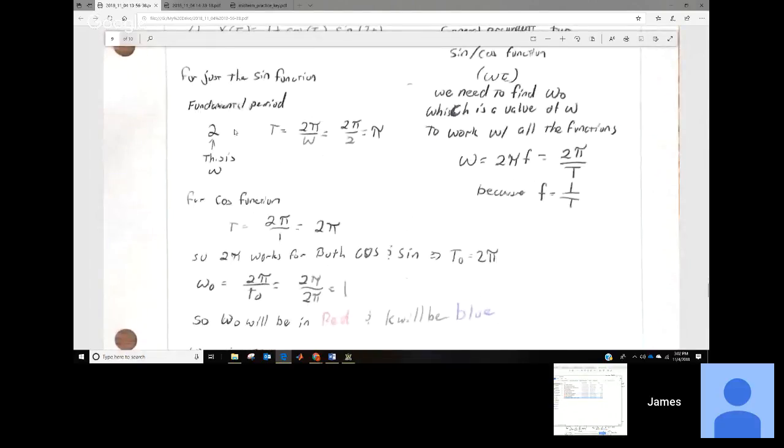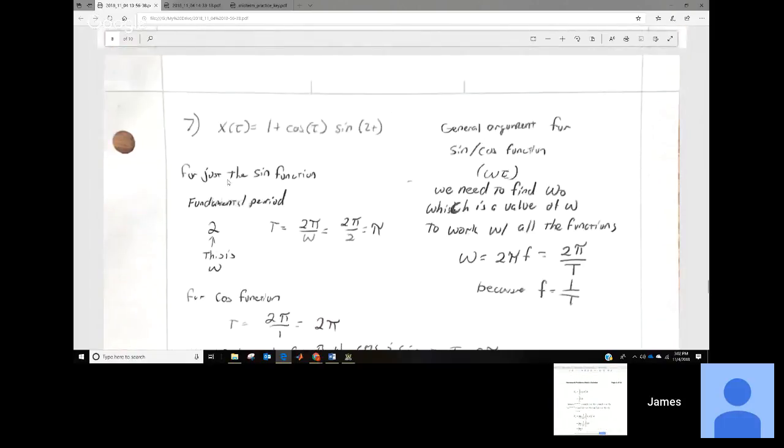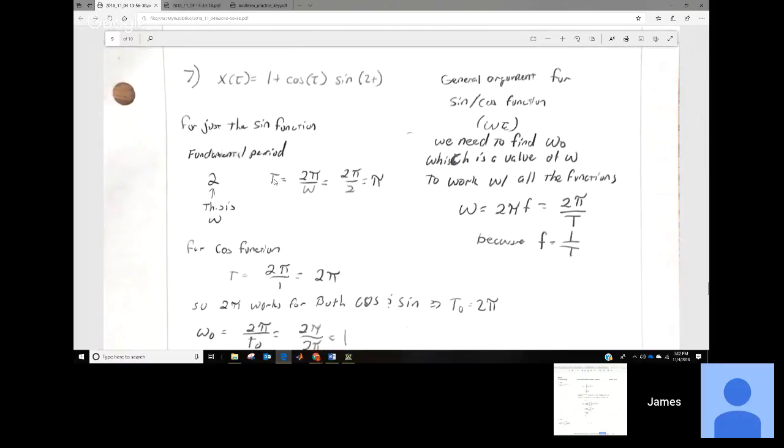So our fundamental period is 2 pi. This comes from looking at the sine function. We pull the 2 out, and the period is 1 over the frequency, so this is omega, basically.